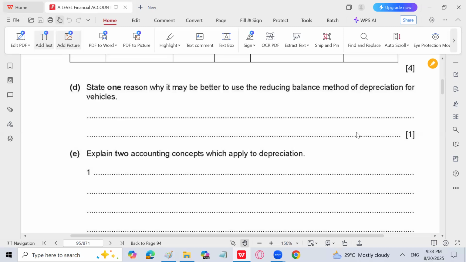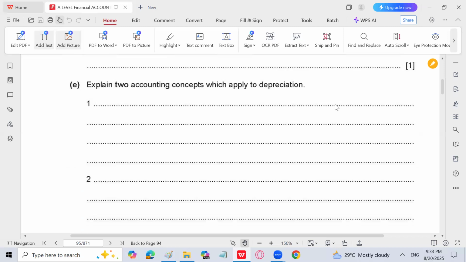State and explain two accounting concepts which apply to depreciation. The number one is prudence. If we do not record depreciation in the income statement as an expense, our profit will be overstated, right? Then second thing, our non-current asset will also be overstated. That is also wrong.